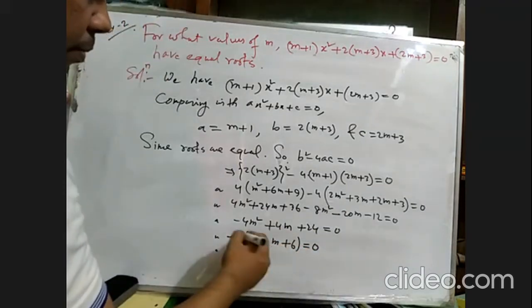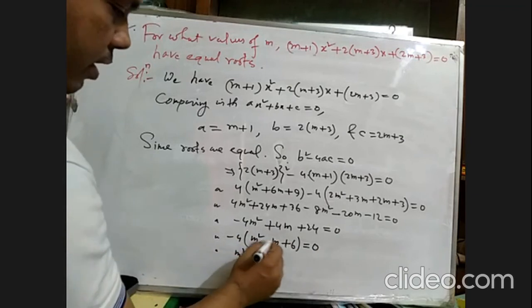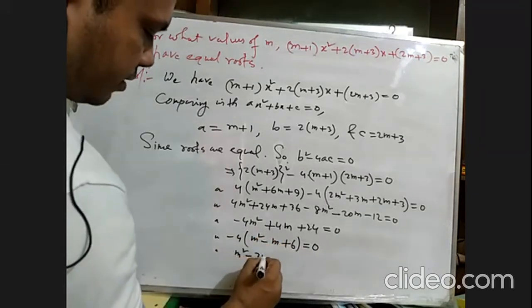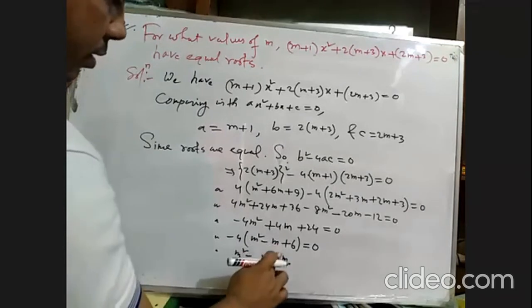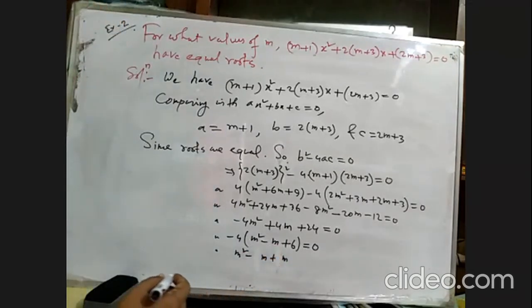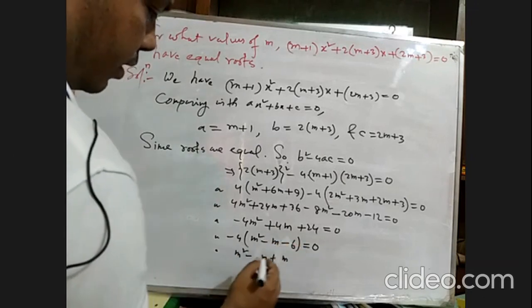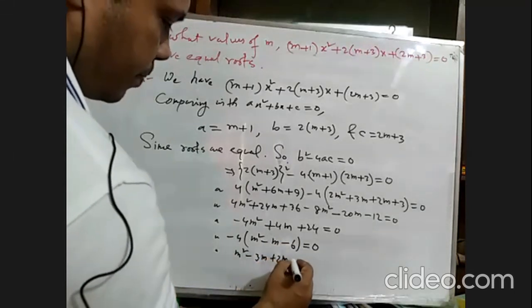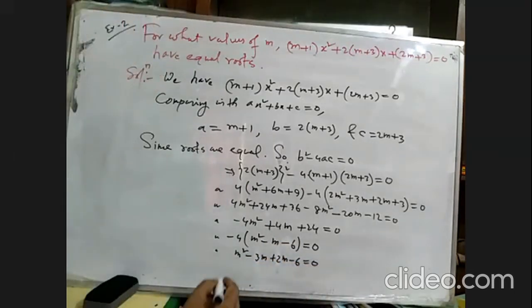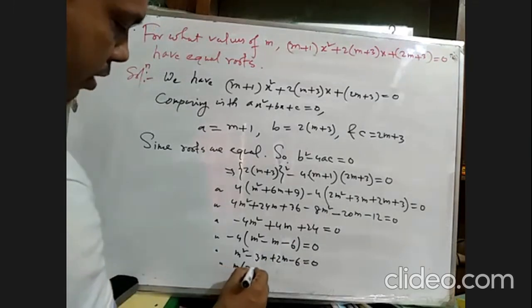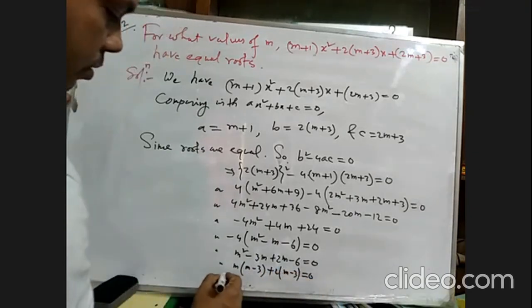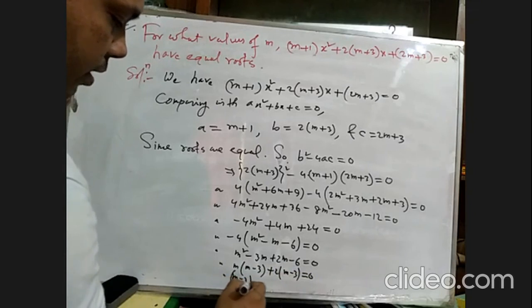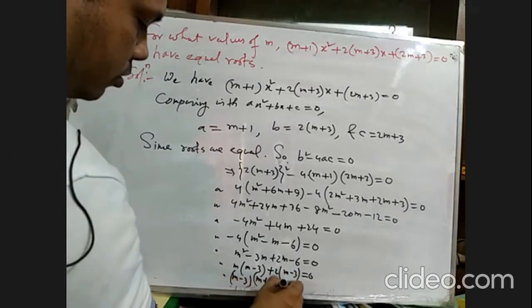So dividing by minus 4 on both sides, and here middle term, minus thrice m plus twice m minus 6 equals to 0. Or m will be common, m minus 3 plus 2 m minus 3 equals to 0. This equals to what? M minus 3 and m plus 2 equals to 0.